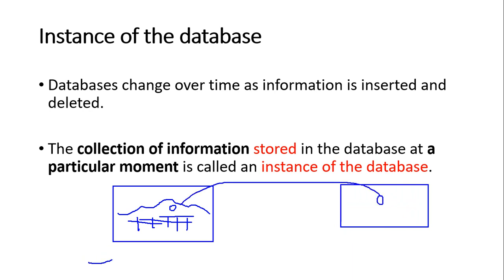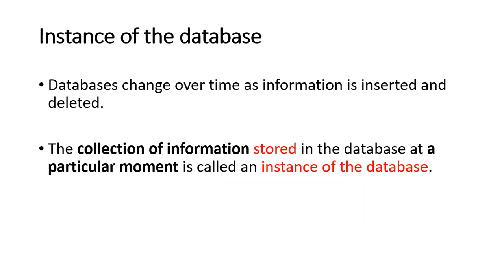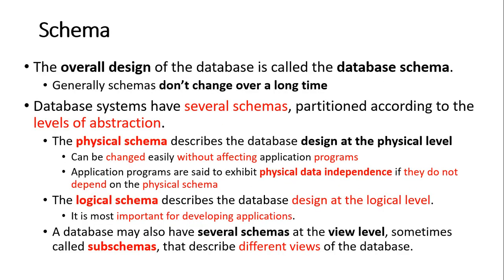So the photograph that you are seeing is an instance of you when you were in 7th standard, or maybe 9th or 10th standard. At that minute when the photo was clicked, how you looked, and at this time when you are taking a selfie, how you are looking, that is an instance. So an instance is that moment of time, what data is there in a particular database, and that is called an instance of the database.